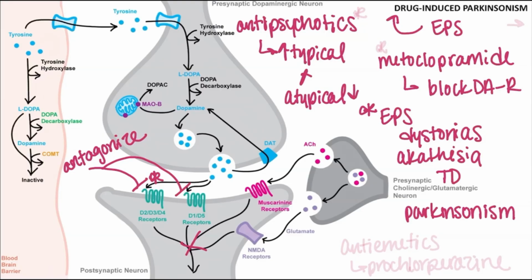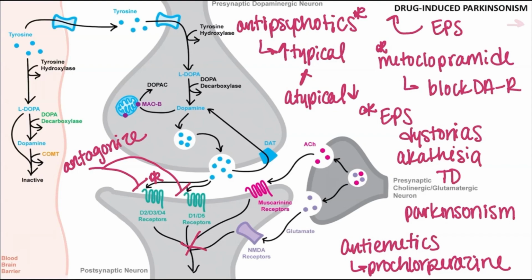So in addition to metoclopramide and our typical antipsychotics, some antiemetics like prochlorperazine also block dopamine receptors and come with the risk of EPS.